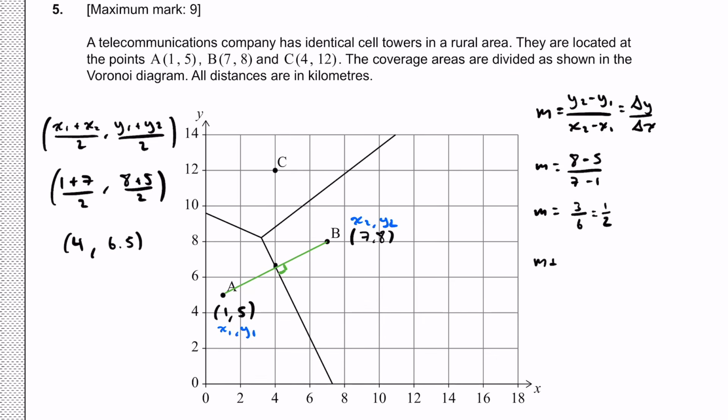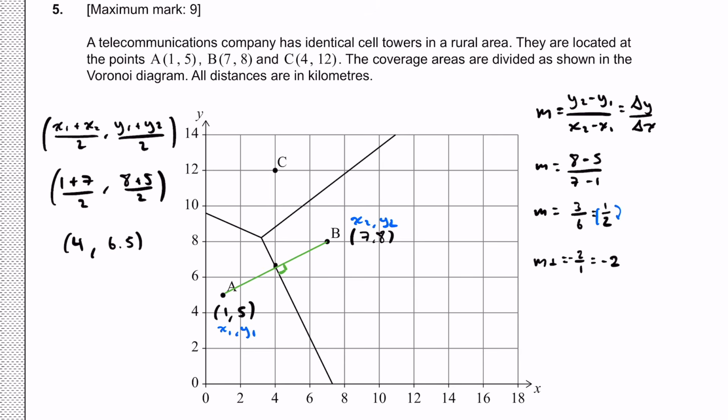And what is m perp then? Well, remember in this case, we switch the top and the bottom and then multiply by -1. So 2 over 1 and then multiply by a negative. So we have -2 over 1 or just simply -2. All right. So we know the slope of this line, it's equal to -2.